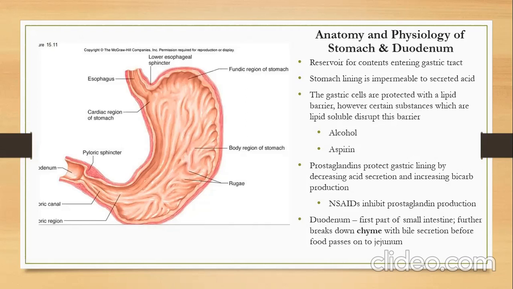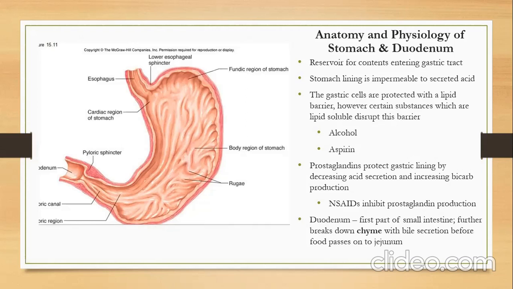The gastric cells are protected with a lipid barrier. That lipid barrier and the stomach lining are supposed to be impermeable, meaning acid shouldn't be able to get out of the stomach, shouldn't be able to eat its way through the lining, usually. But certain things are going to either cause excessive gastric acid production, or they're going to weaken the lining, or disrupt that lipid barrier.